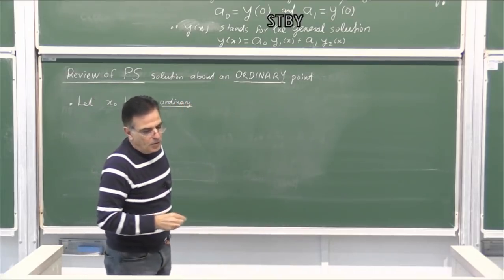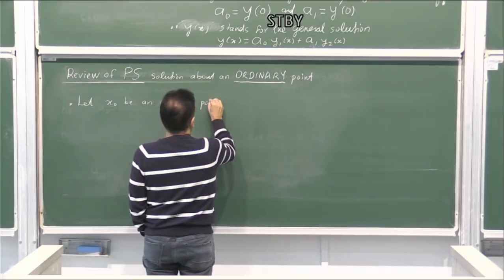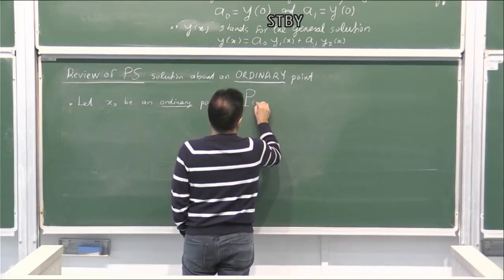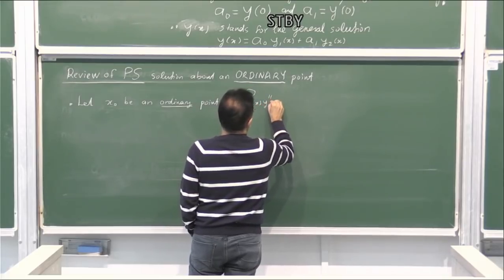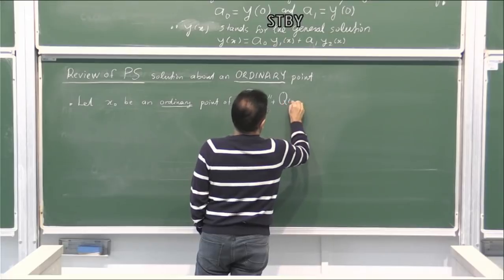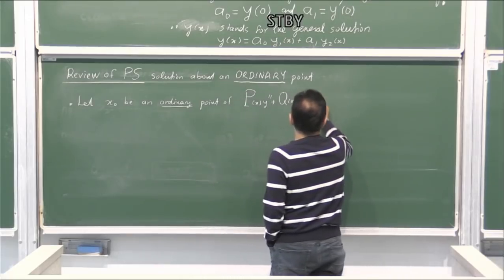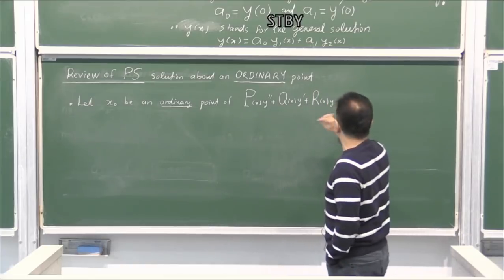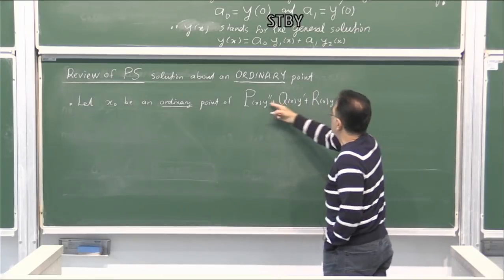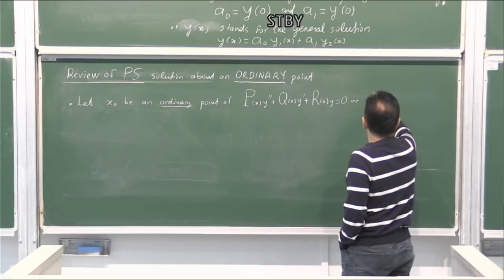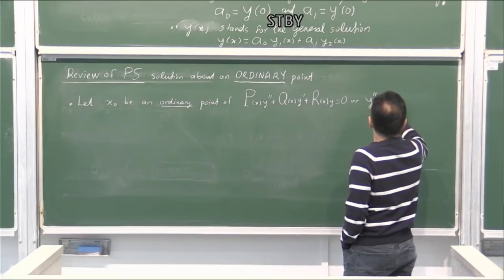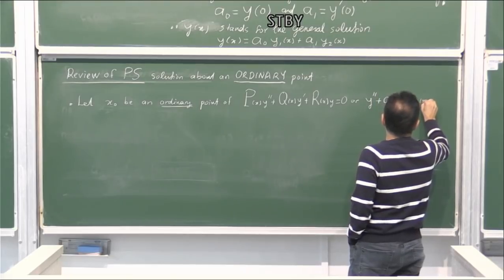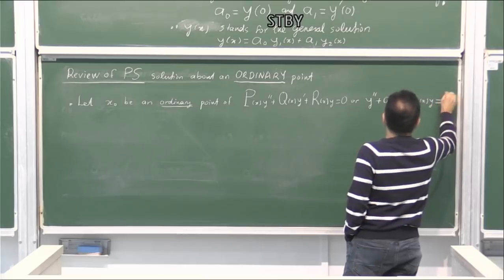Okay? Ordinary point of this equation, p(x) y double prime plus q(x) y prime plus r(x) y, which is in general an equation with variable coefficients, or writing in the reduced form, y double prime plus a1(x) y prime plus a2(x) y is 0.